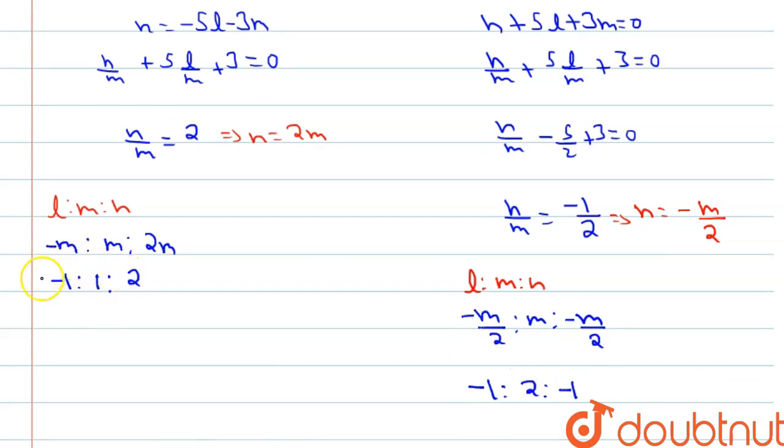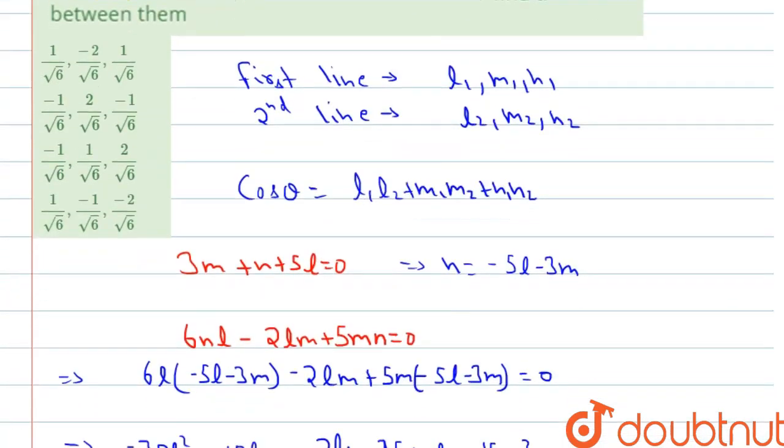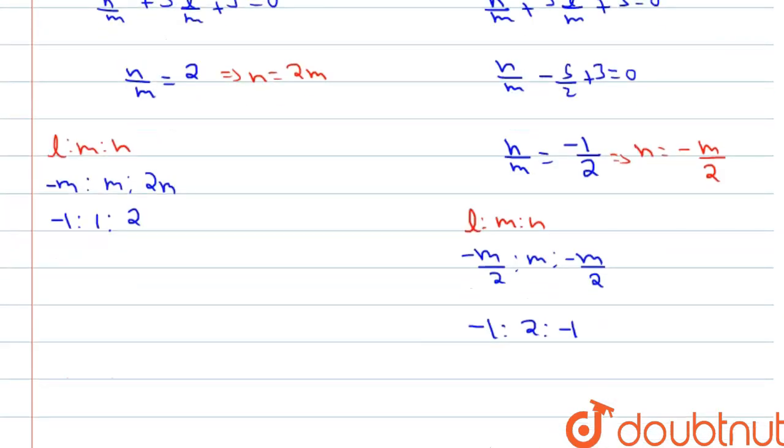Now here this is the value of direction ratio, but we have to find the value of direction cosine to find the angle theta. So we will find l1 is equal to minus of 1 by root of 1 square plus 1 square plus 2 square. This is equal to root of 6. This is l1, and m1 is equal to 1 by root 6, and n1 is equal to 2 by root 6, right?